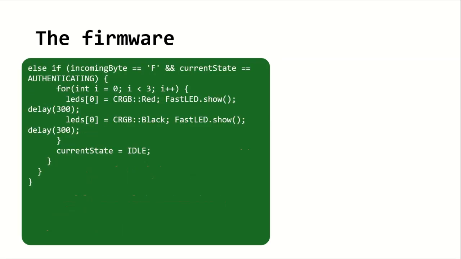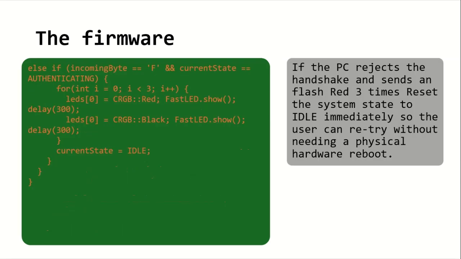But if we receive an F and we were in authenticating state, we are going to flash the red RGB 3 times, and we are going to set the state to idle.